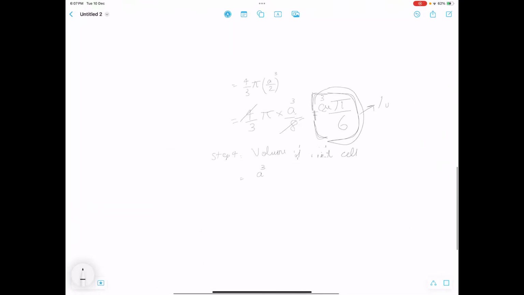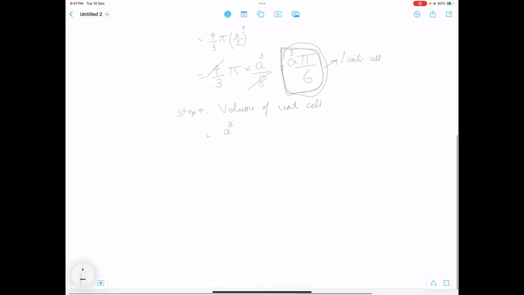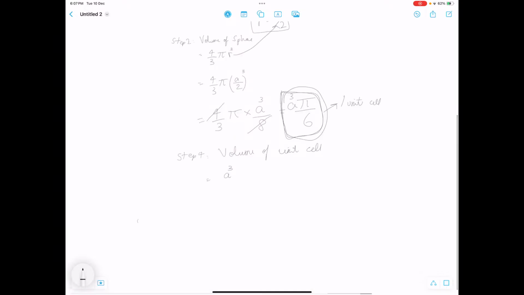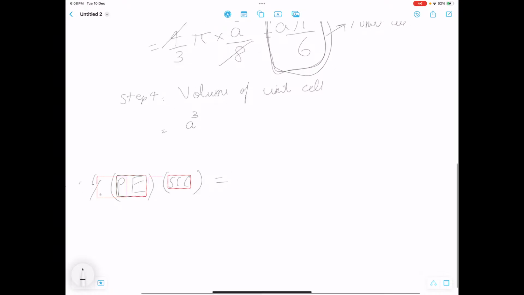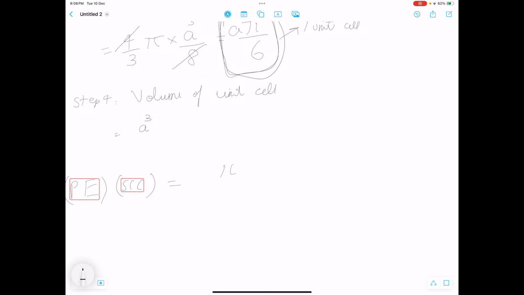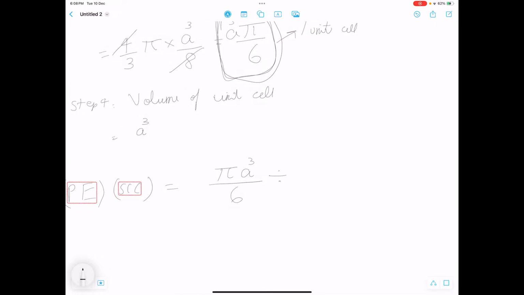Volume occupied by particles. So let's write here, total percentage packing efficiency for SCC is volume occupied by particles in a unit cell, which is pi a cube by 6, divided by total volume of unit cell, which is a cube, into 100.